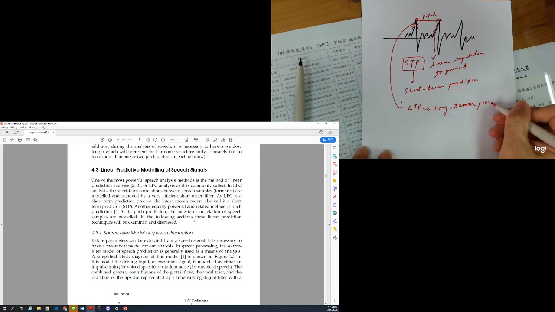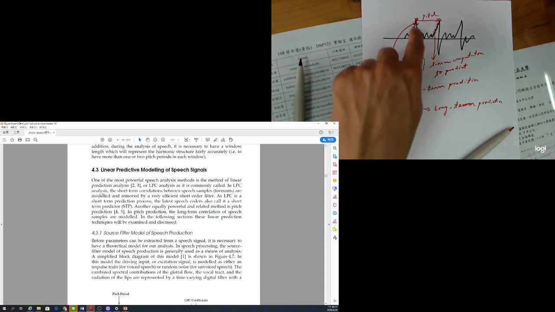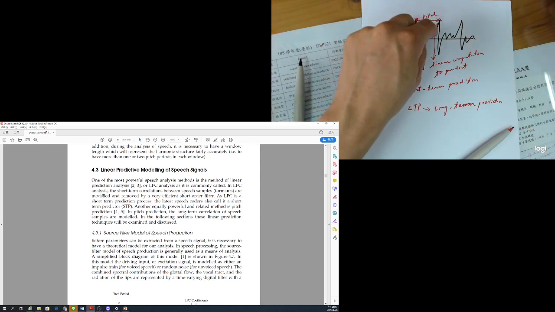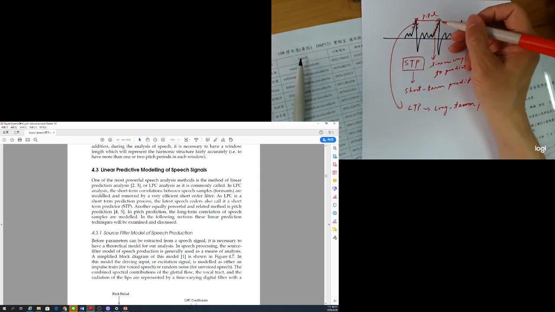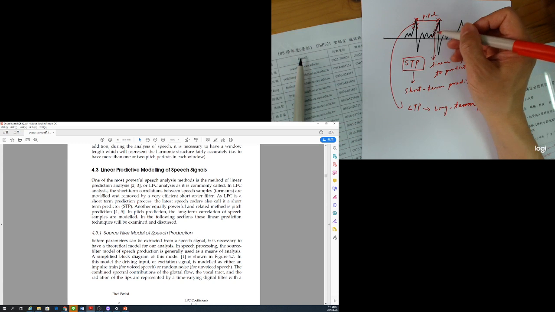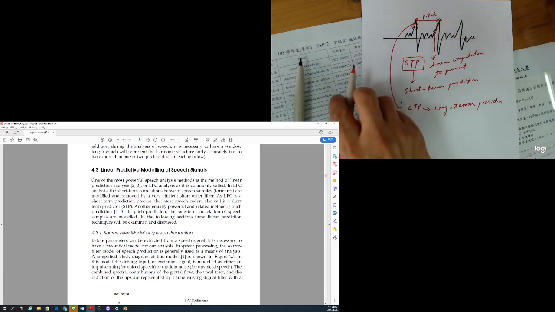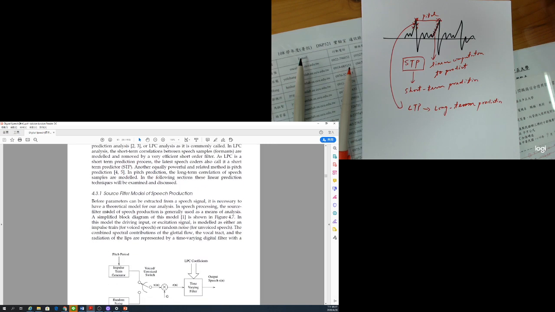So there are two terms. Later in this textbook, when we say pitch prediction, we mean long-term prediction. Linear prediction is more like using local neighboring samples to do a linear combination, trying to predict the next point. This computation we call short-term prediction.